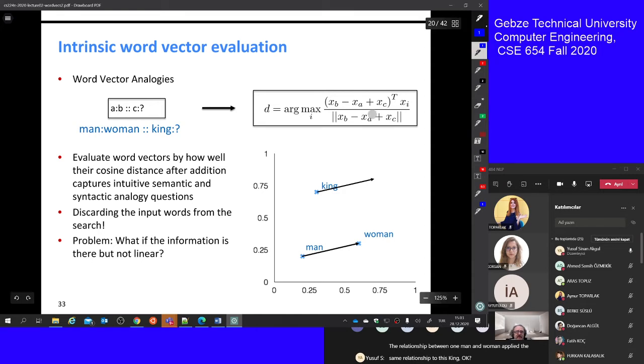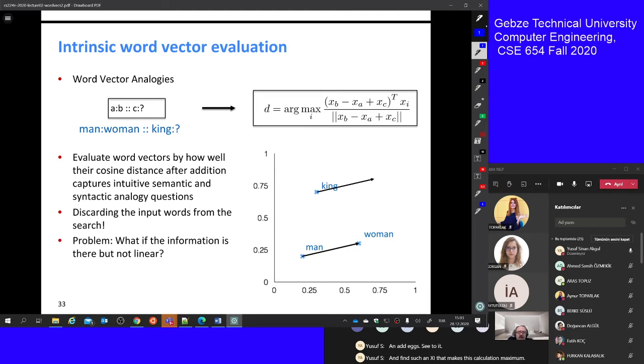That's the formula. So how does the formula work? Subtract xa from xb, and add xc to it, and find such an xi that makes this calculation maximum.